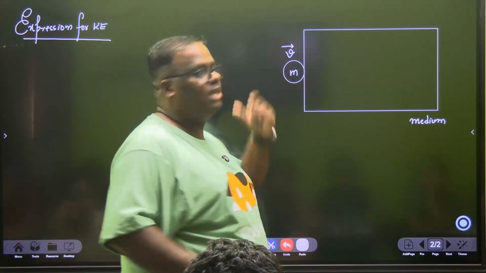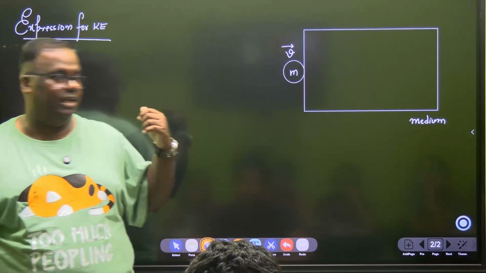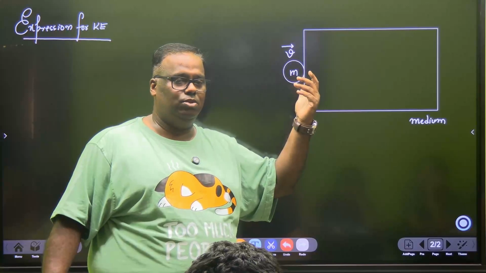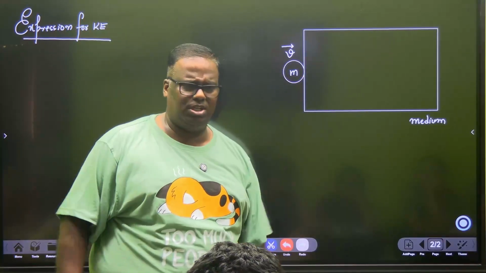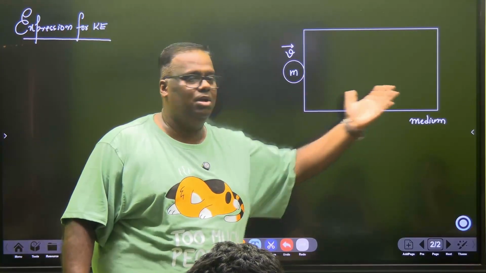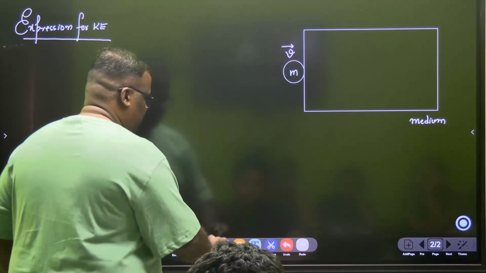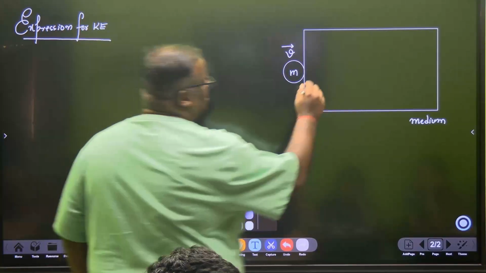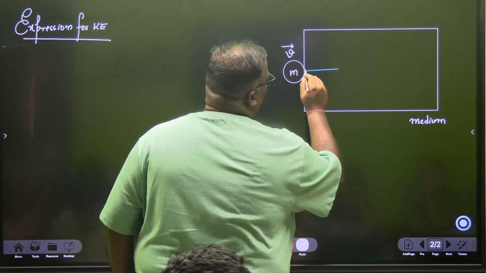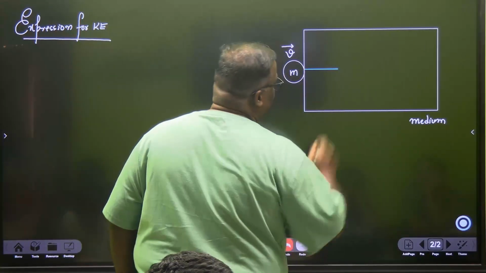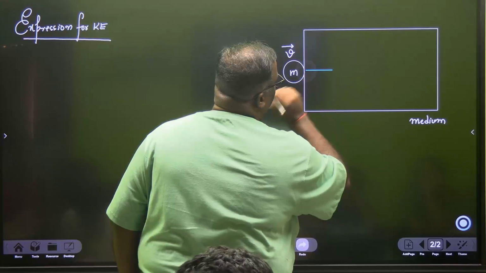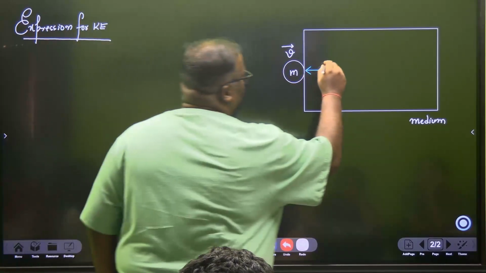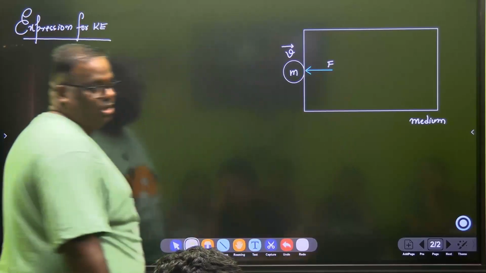So let's cook up our story first. We want to measure its kinetic energy. Now, how do we measure kinetic energy? This body is entering this medium. As soon as it enters the medium, the medium will give some sort of obstruction to this body. Imagine that this is some water or the like. So let's say that when this body enters a medium, it starts facing an obstructional force against its direction of motion.